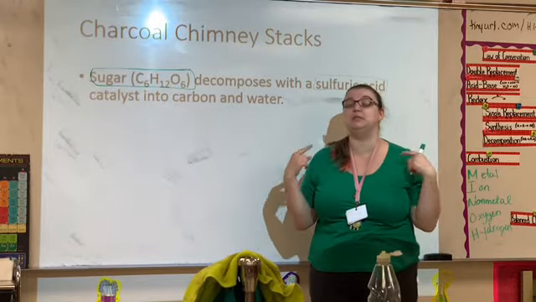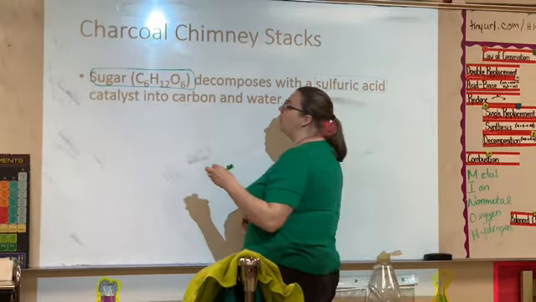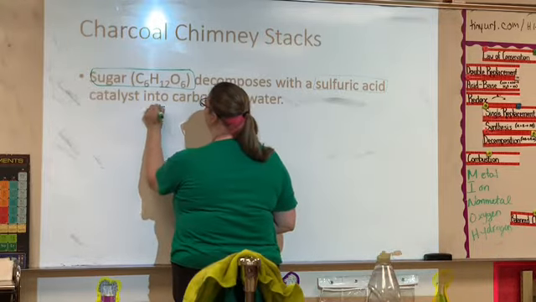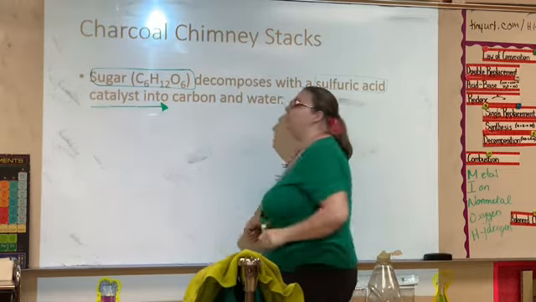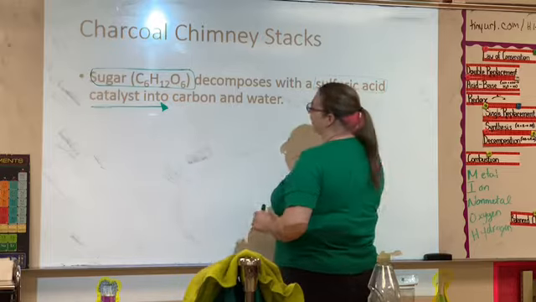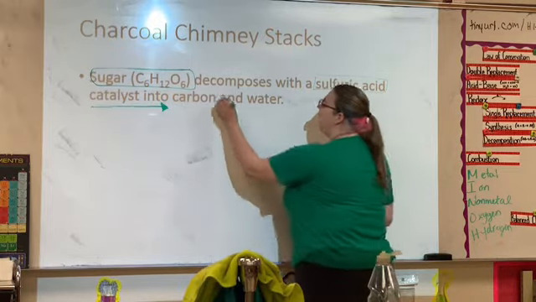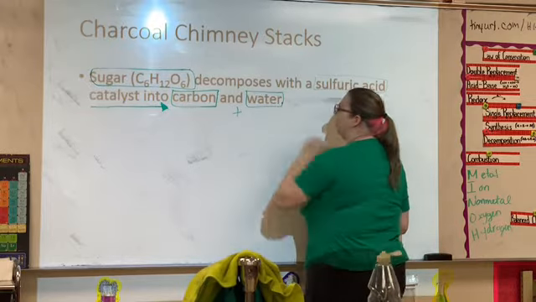They are simply something that speeds it up or gets it started. So we put catalysts above the arrow because they're not really part of the equation, but they're certainly part of the reaction and something that needs to be noted. So we will put our sulfuric acid catalyst above the arrow. And then we have carbon as a product and water as a product.